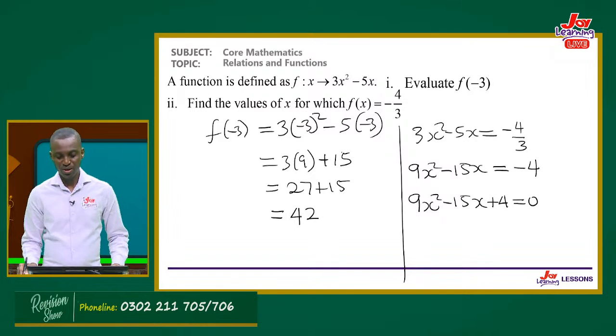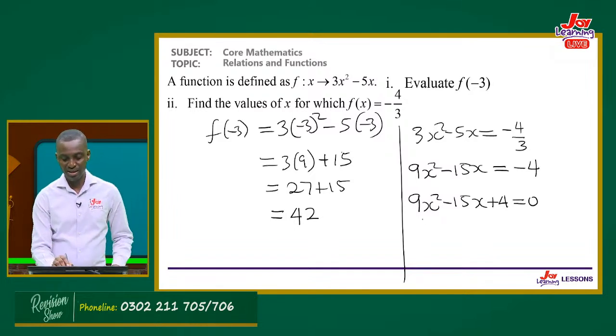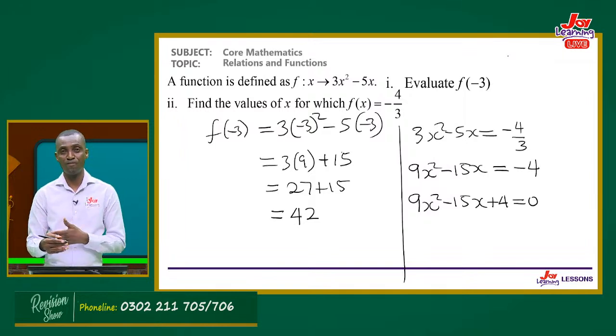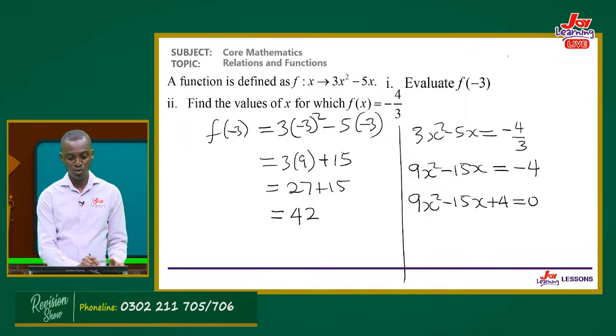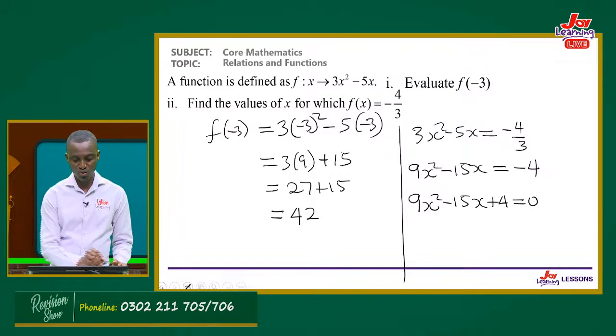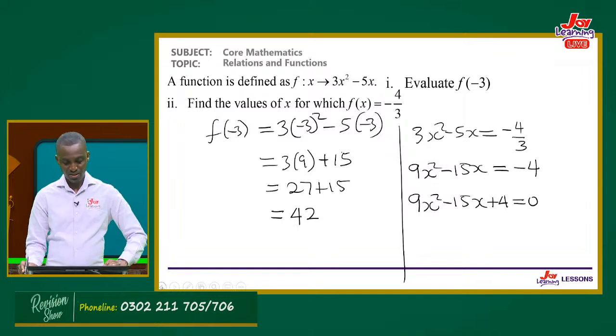All right, so let's continue with our solution. 9x squared minus 15x plus 4 is equal to 0. You're going to solve this quadratically to get your answers. We know how to solve a quadratic equation already. If you do it very well, you should get the answer. But then we want to do it using the quadratic formula.